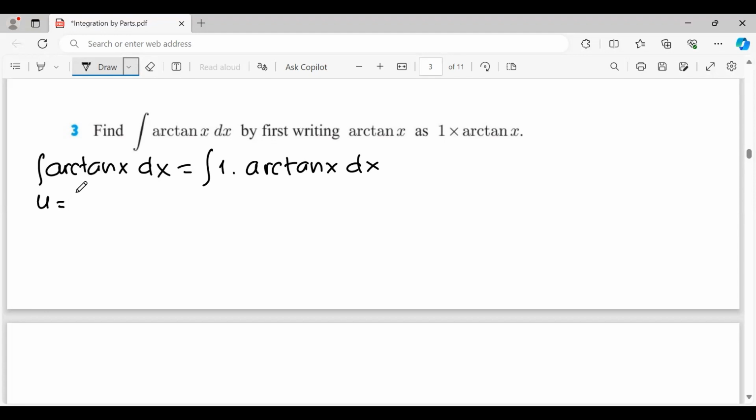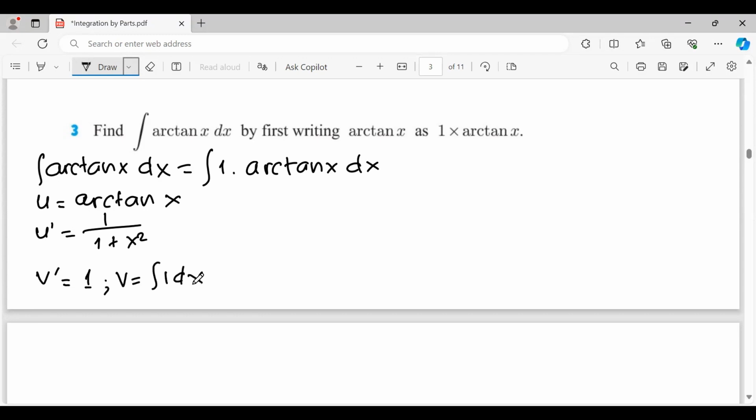U equals arctangent x, so derivative u is 1 over 1 plus x squared. So derivative phi is 1. So phi, integrals 1 dx, equals x plus c.